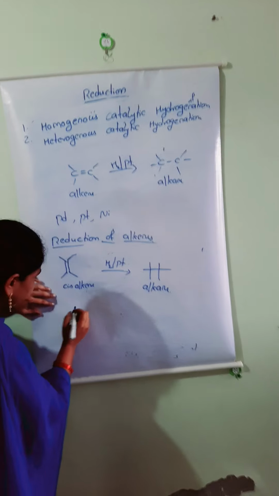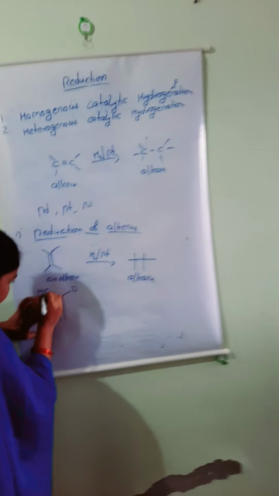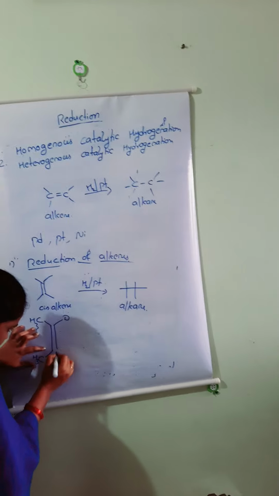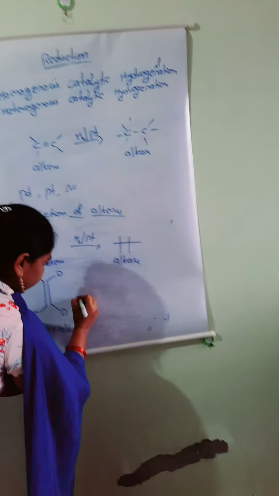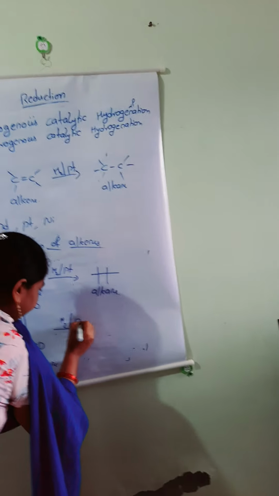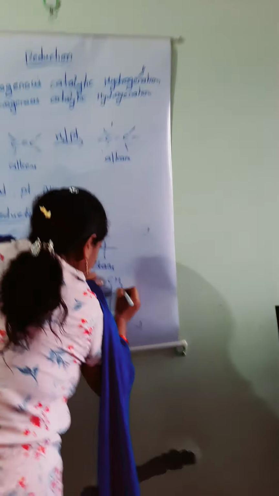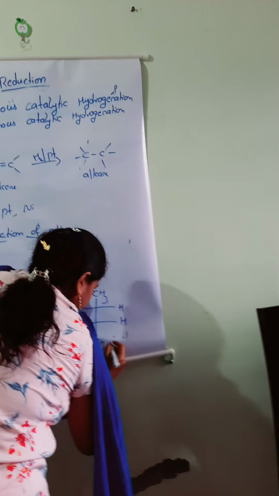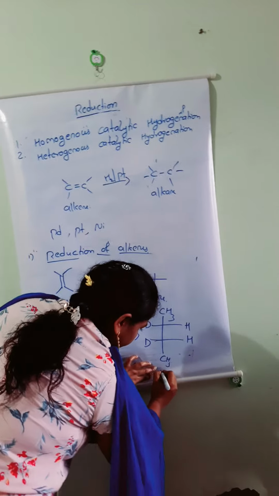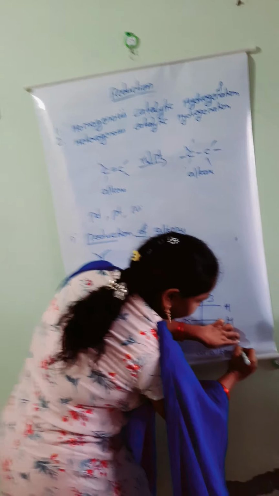Next, we see this cis alkene. With H2 and palladium catalyst, we get the cis alkane, and a meso compound may be formed.